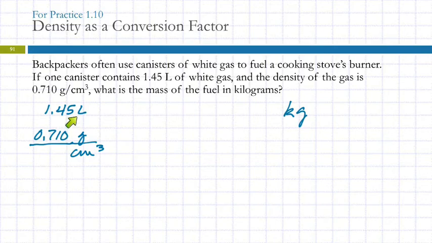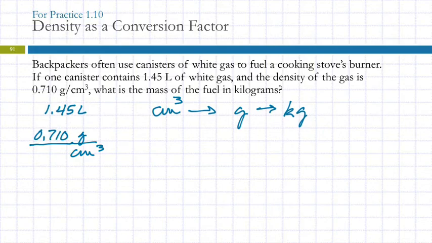Okay, so I've got liters and I've got kilograms, and the only thing I've got so far to bridge the gap is grams and cubic centimeters. Well, I need to get gram in here somewhere. If I had grams, I could get to kilograms, right? Grams and kilograms. And this density here allows me to convert from cubic centimeters to grams.